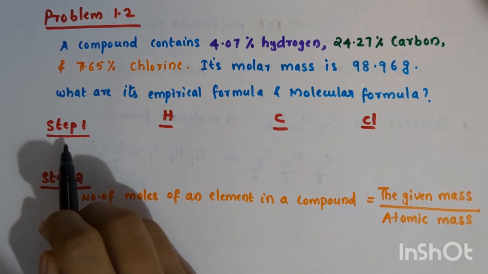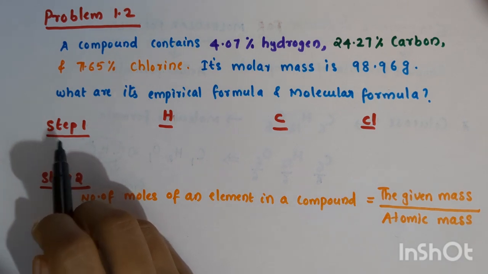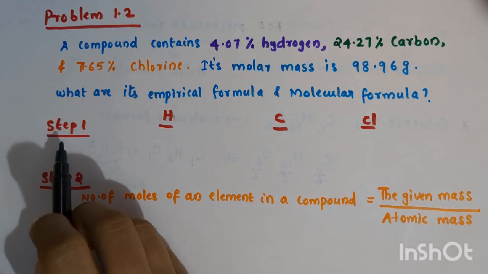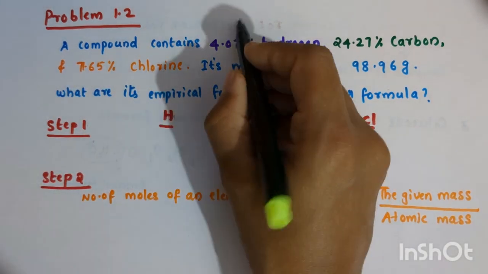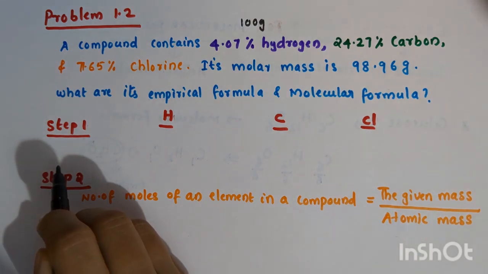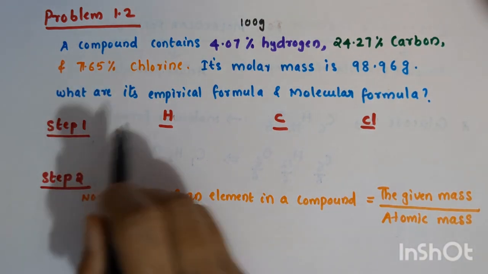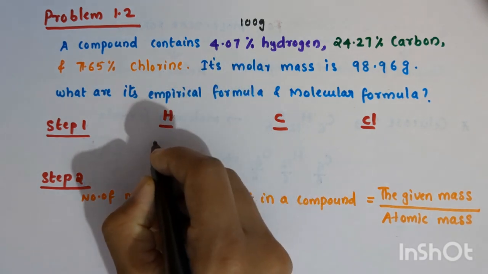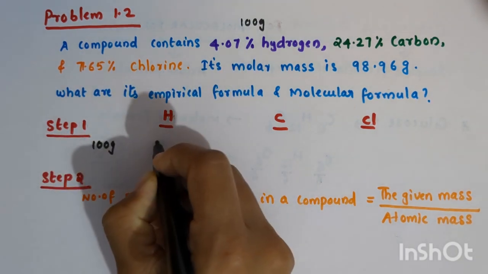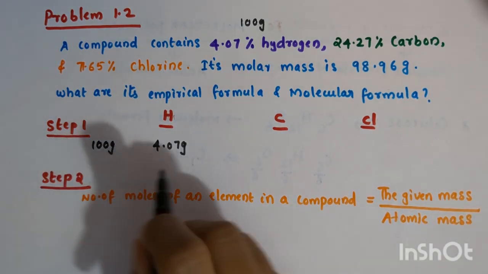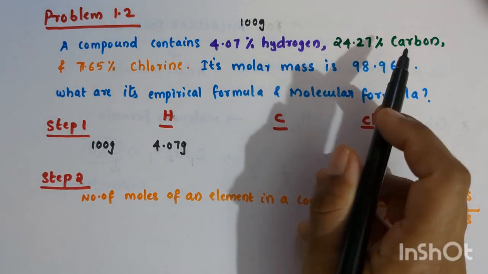The first step is conversion of mass percent to grams. That is, let the compound contain 100 gram mass. Then in a 100 gram sample, we have 4.07% hydrogen. That means we have 4.07 gram hydrogen. We have 24.27% carbon.